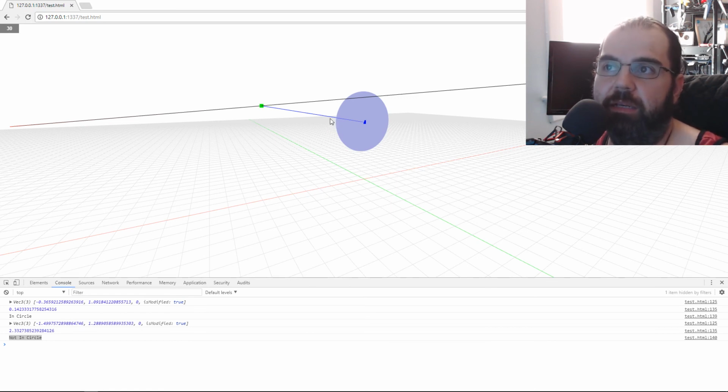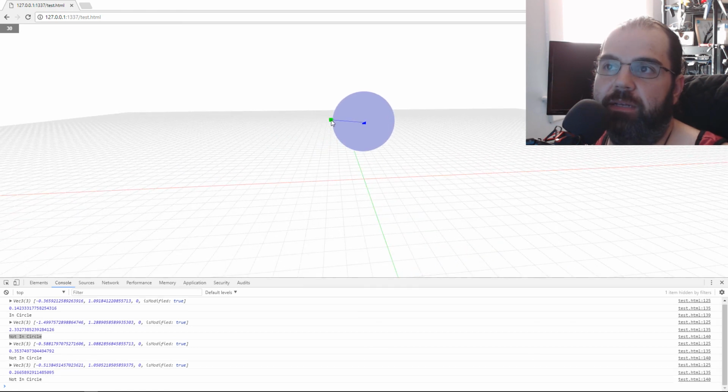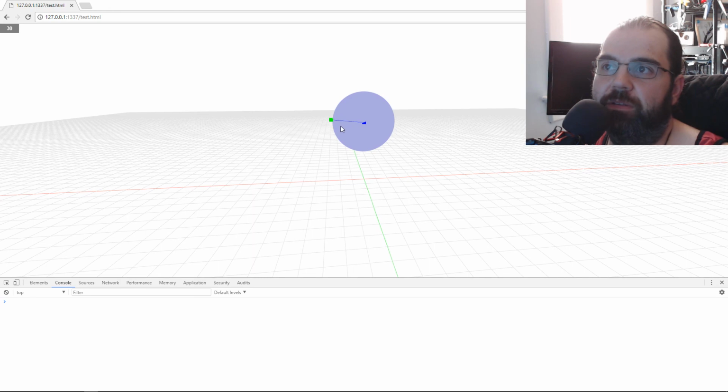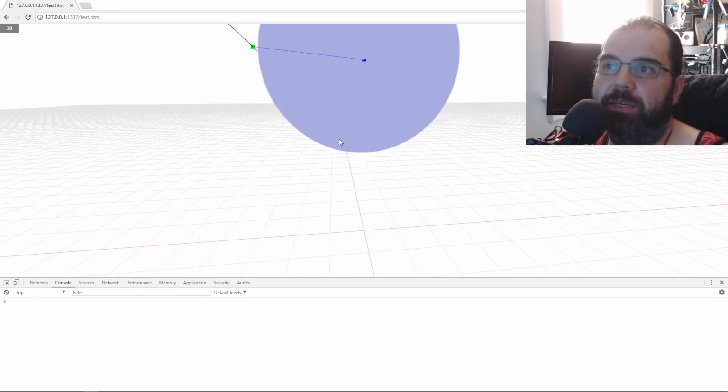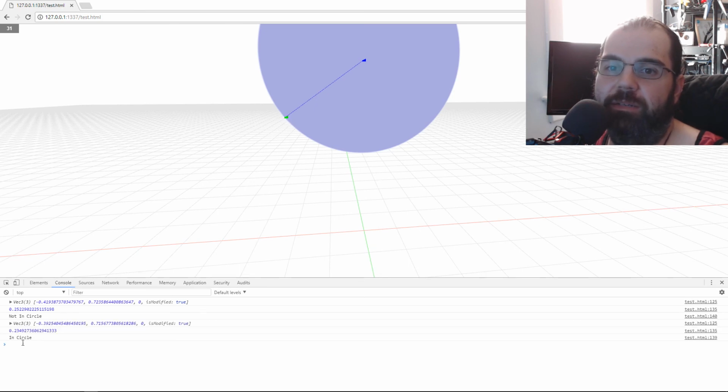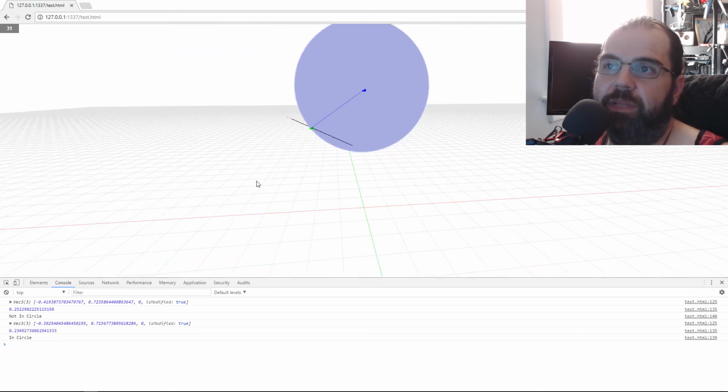It's not a hit. Not a hit. I can get very close. Maybe if I can zoom in a little bit. Try to get very close to the circle. Still not a hit. But if I go right in there, in circle, done.